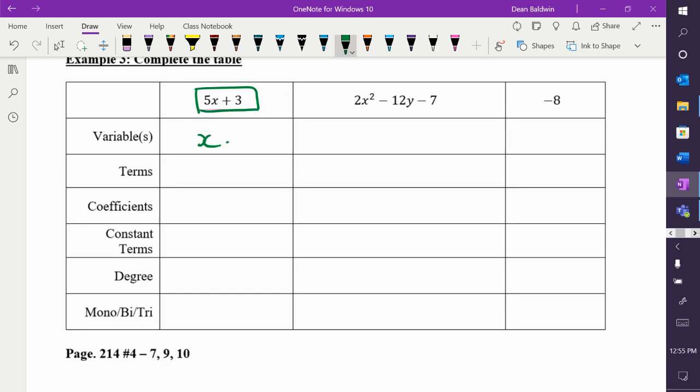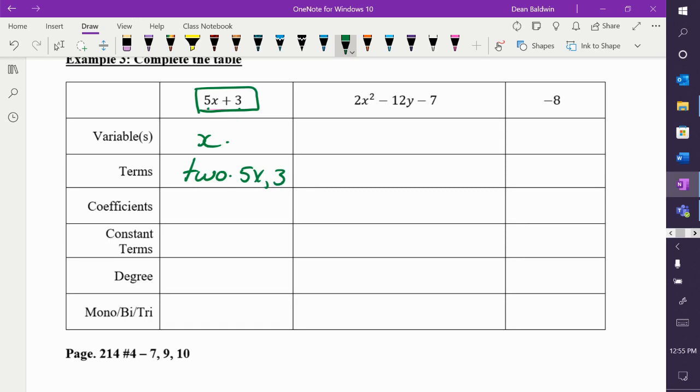It's just x. Whatever the letter is, that is your variable. How many terms are there in that polynomial? 2, right? 1, 2. And the terms are 5x and 3.